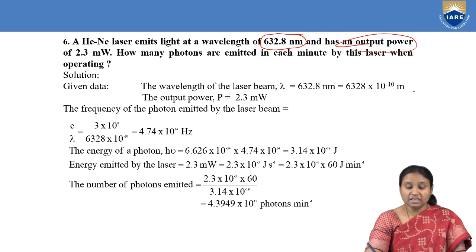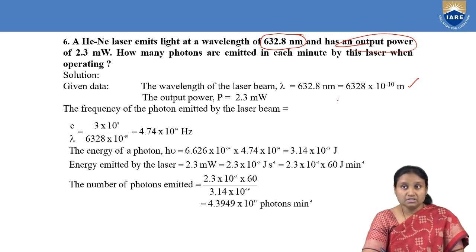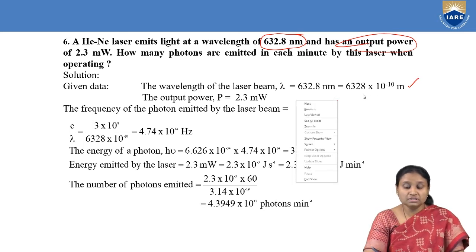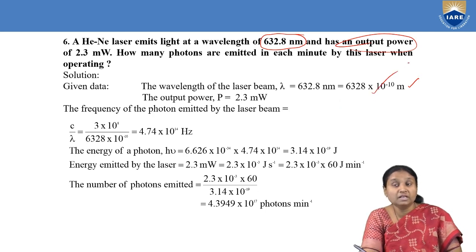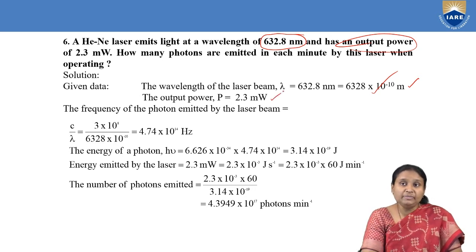Coming to the data given, the wavelength is 632.8 nanometers, and if we convert it into meters, it becomes 6328 into 10 power of minus 10 meters, because 1 nano is 10 power of minus 9. We were also given the output power, which is 2.3 milliwatts.